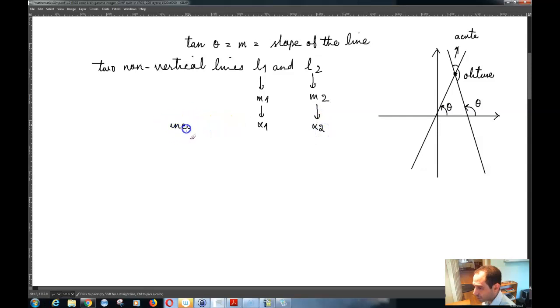These are the inclinations of these two lines. These are the slopes of the two lines, and these are basically the lines themselves.